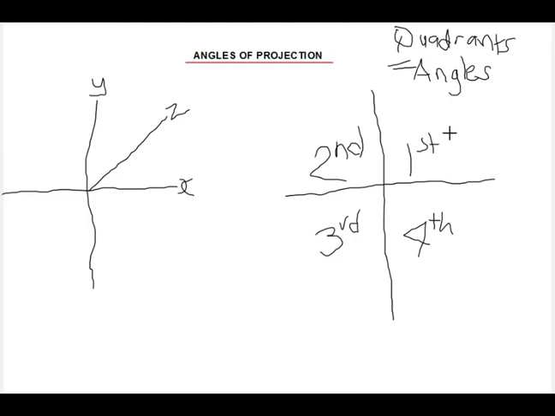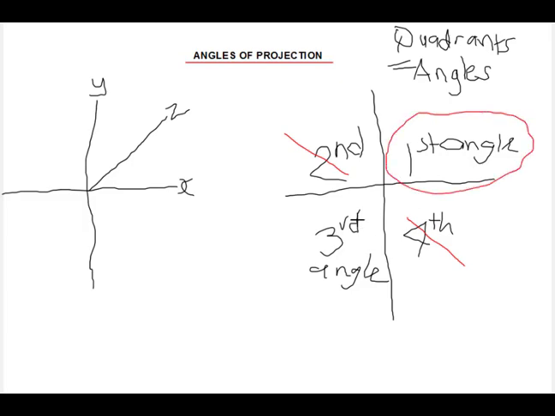Thus, we get the names first angle projection and third angle projection. Second and fourth angle are not used in technical drawing. So we have first angle projection, and then we have third angle projection.